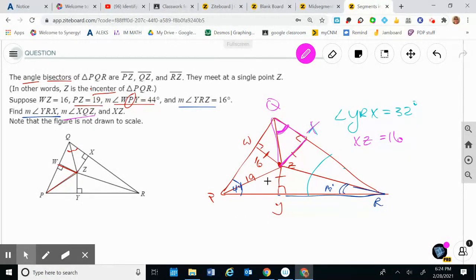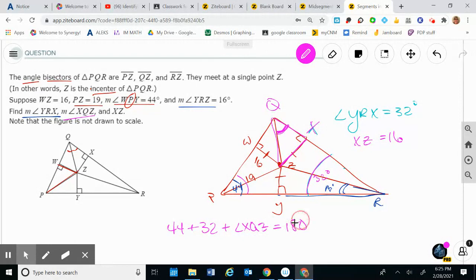Now, how are we going to get this angle? Well, you have something at your disposal. You have 44 degrees here. You have 32 here. You have a large triangle. What do you know about all the angles in a triangle? They add up to 180. I'll just call this angle XQZ because that's what it is.